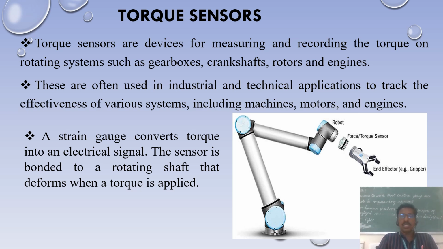These are often used in industrial and technical applications to track the effectiveness of various systems, including machines, motors, and engines. Mainly the ABS systems are used in cars and other locomotive and automatic machines. There we have different types of rotating shafts. They fix this type of sensor there, and it measures how far the shaft is working, how far it is rotating, and how much speed it is rotating at.